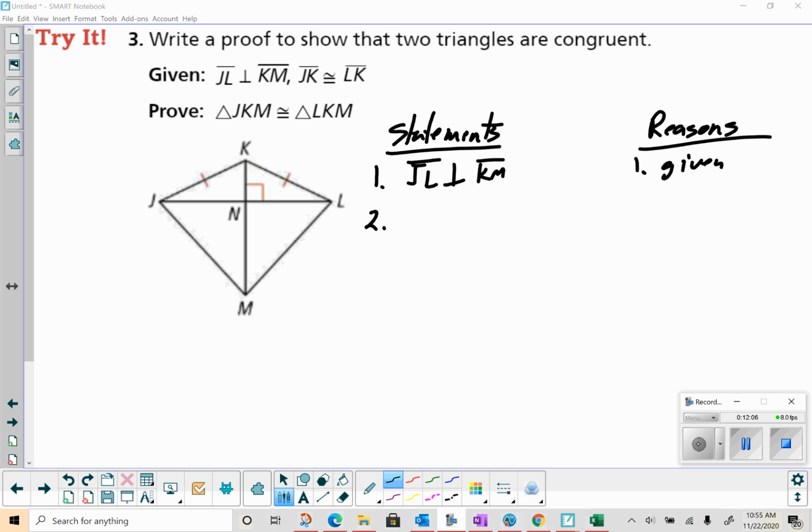If they are perpendicular, then I could say that angle KNJ and angle KNL are right angles, sorry.